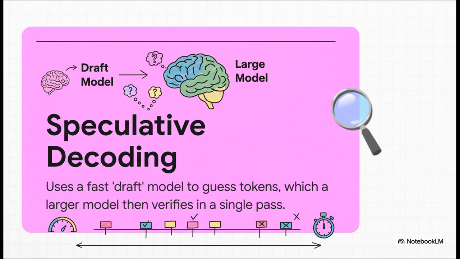Instead of making the big, slow, super powerful model generate words one by one, which takes forever, we use a much smaller, faster draft model to just sketch out a few guesses, maybe 5 or 6 words into the future. Then, we take that entire draft and hand it over to the big model, which can check the whole chunk of text in one single go. It's kind of like writing a whole sentence and getting your editor to approve it all at once, instead of getting approval for every single word.